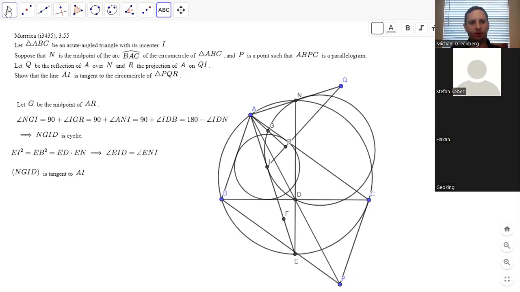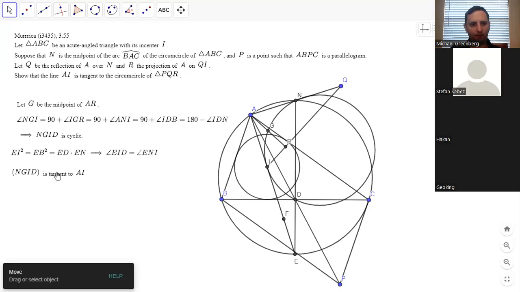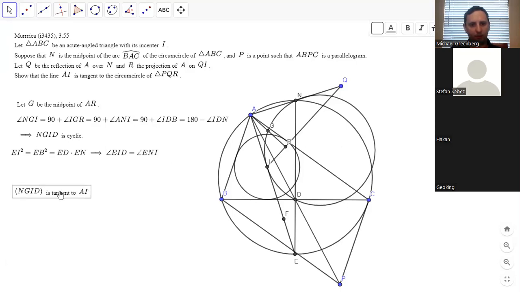Yeah. Oh, but we kind of already, yeah, where did we use the perpendicularity? So wait, NGI is 90 plus IGR, which is 90 plus something. So wait, how do we know?